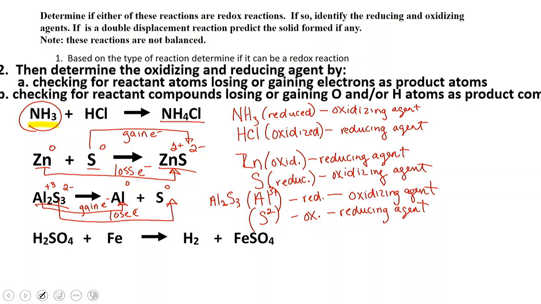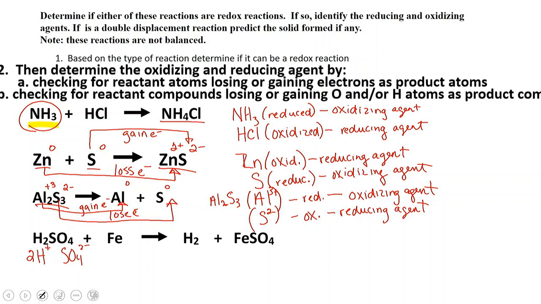Notice that we didn't take into account the number of electrons that are being lost and gained. You would have to do that, and you would need to balance the equation, but it's not necessary. We can still see what's going on without balancing the equation. All right, so what's going on here? H2SO4 is actually an acid.